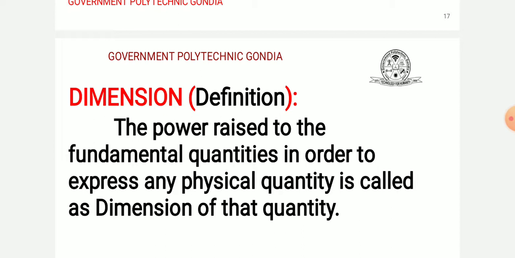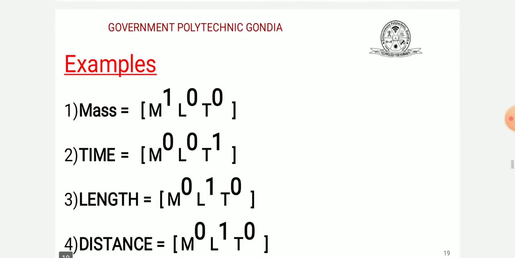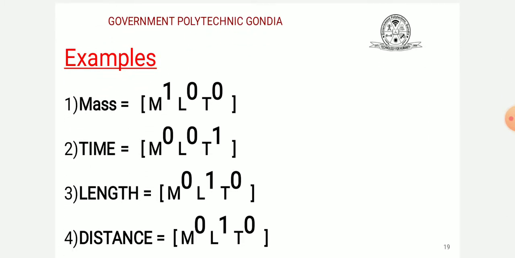Now we will see some examples. From these examples, your concept of dimension will definitely be clear. So what are those examples? See, in the previous session, you have already studied the types of physical quantities, and you know that one is the fundamental quantity and another one is the derived quantity.